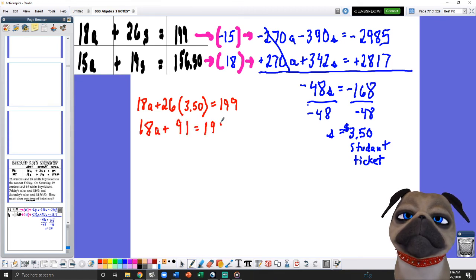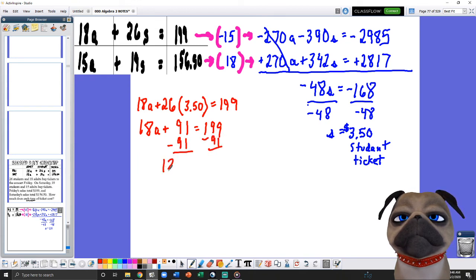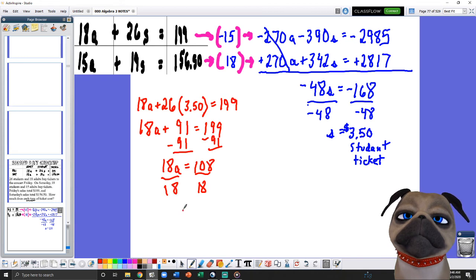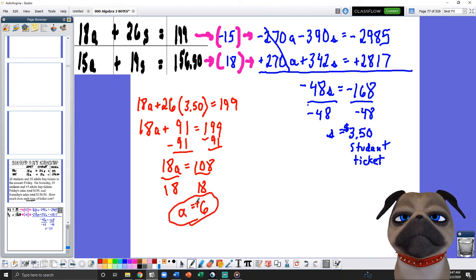And at this point, you should be just flying along, subtracting the 91 from both sides, getting 18A equals 108, and then typing 108 divided by 18, and getting 6. So that means adult tickets cost $6 and student tickets cost $3.50.